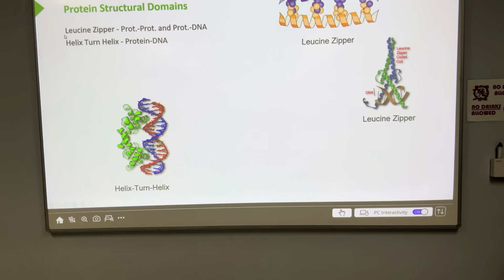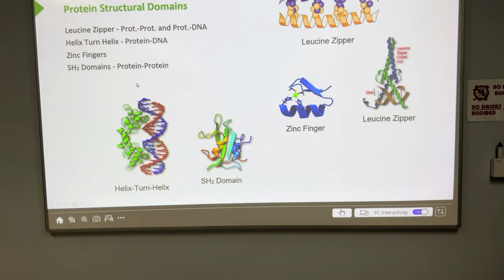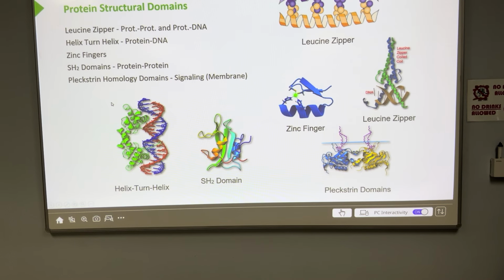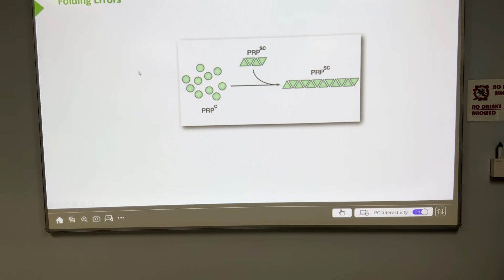Sometimes they make a shape known as a helix-turn-helix. An example of that would be polymerases that transcribe the DNA. Sometimes proteins are found in structures known as zinc fingers, where there are metal ions that hold the structures together. There are also pleckstrin homology domains, found in signaling proteins. Okay, you need to know something very important.